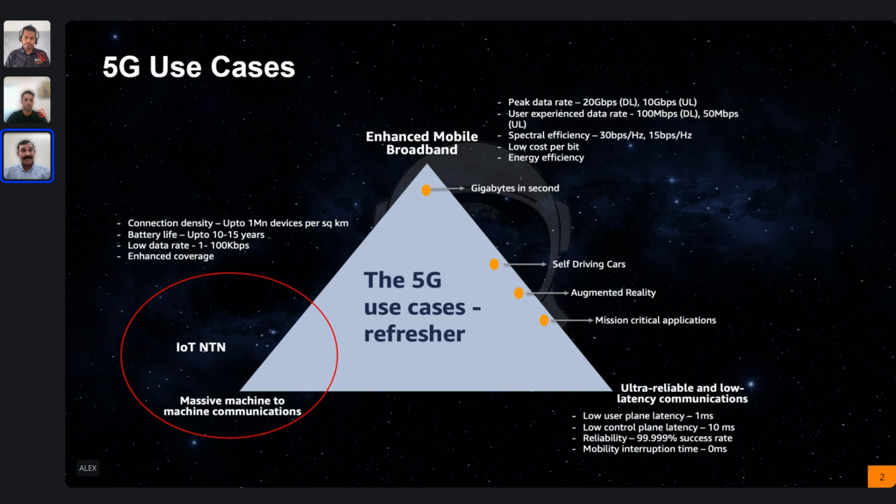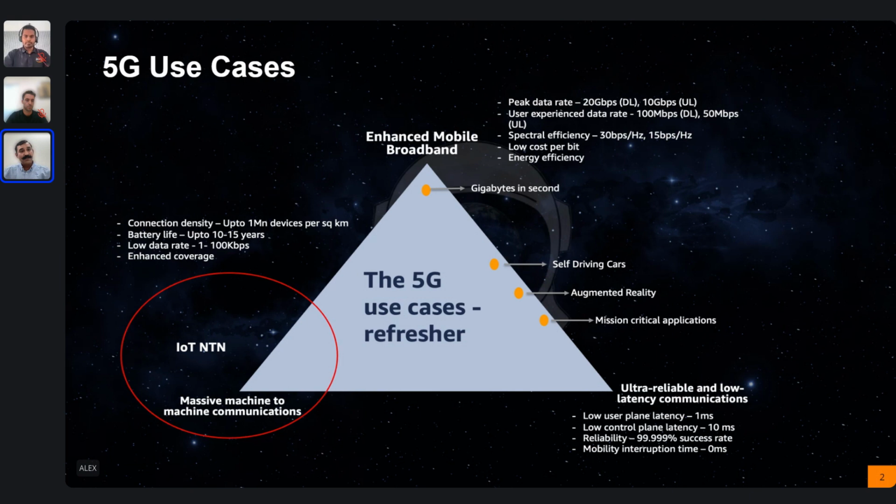We need reliability for such use cases, and with 5G we can have a 99.999% success rate. That's why it is helping the overall use cases to deliver. And then we are talking about mobility interruption time of 0 milliseconds.